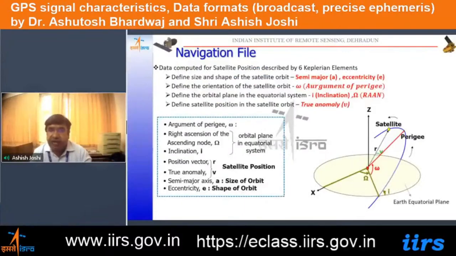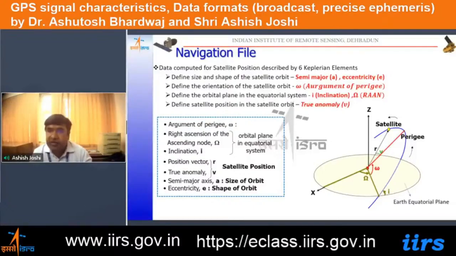Now the second file is the navigation file. From the observation file, we are mainly getting our parameters like pseudo range, but we will need the satellite positions also. So how do we get the satellite position? The satellite positions are derived using the Keplerian elements.